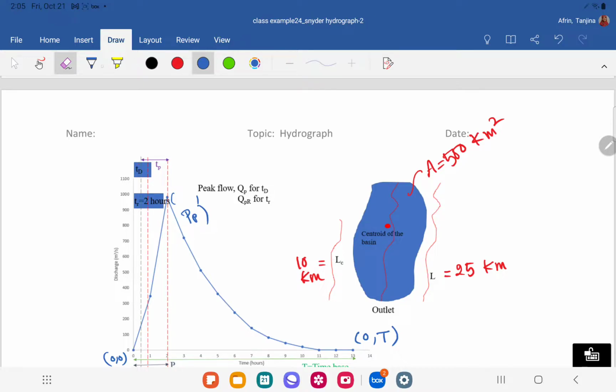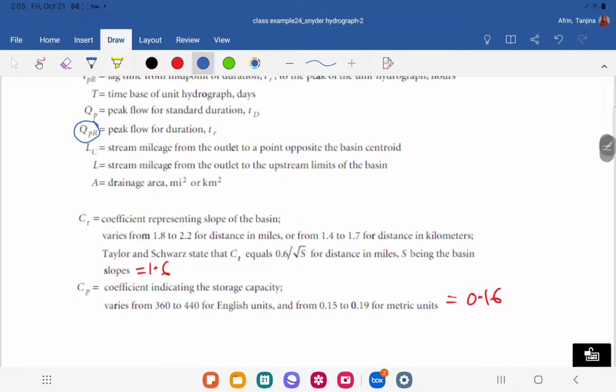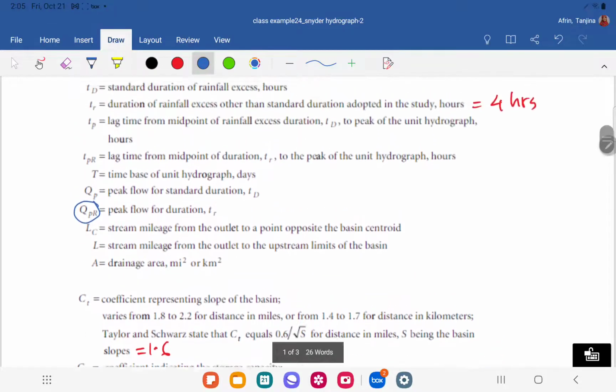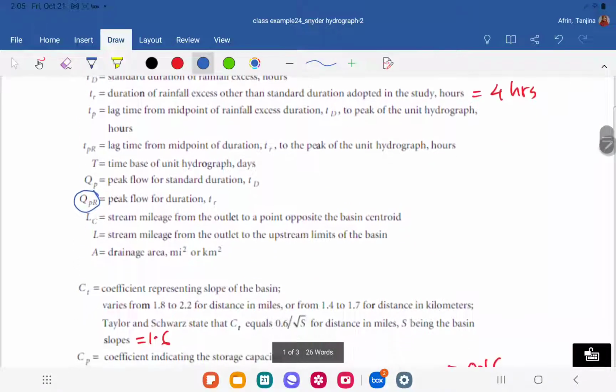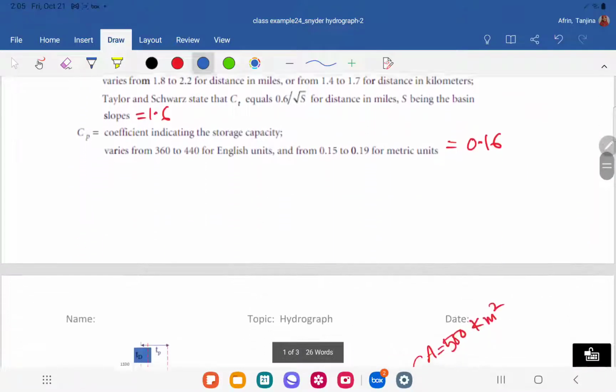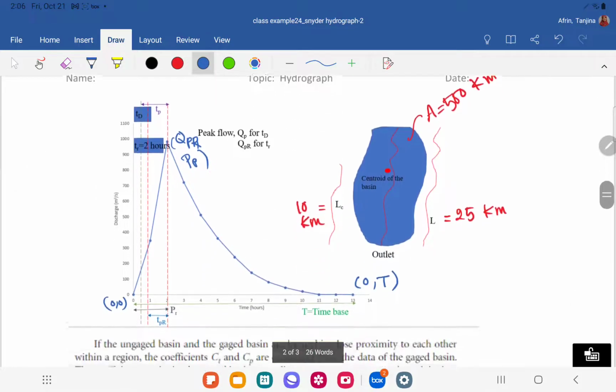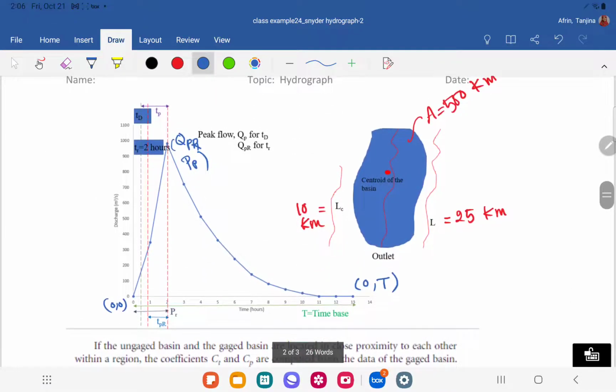Okay, so let's write it down. How can we find out PR? That's the next step here. Let's calculate PR. Do we have any equation for PR? Okay, let's check. How can we find out the PR?